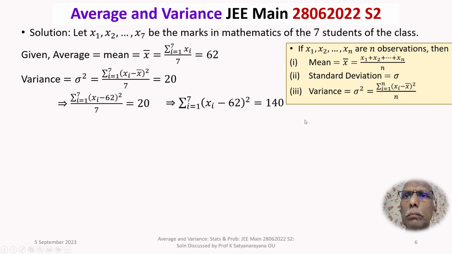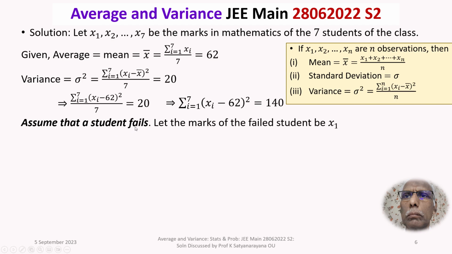And it is given if a student gets less than 50 marks, he is declared to be failed. So assume that a student fails. A student fails means he or she gets less than 50 marks. Let the marks obtained by this student be x1. So x1 is less than 50.